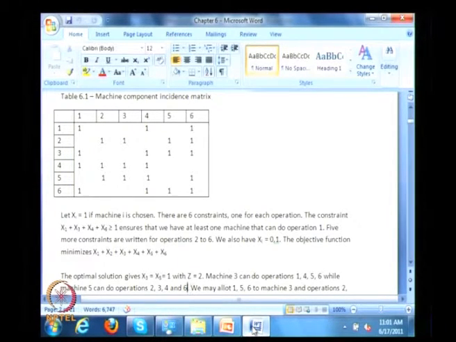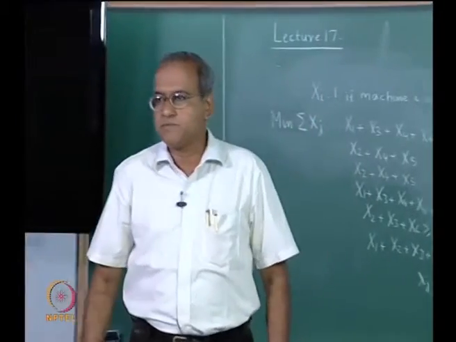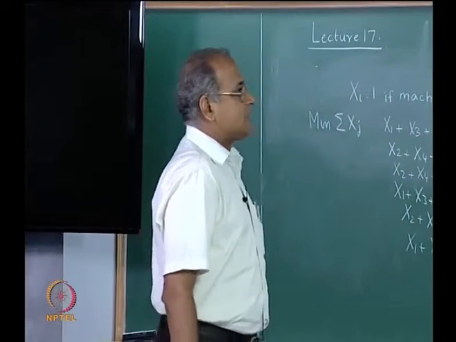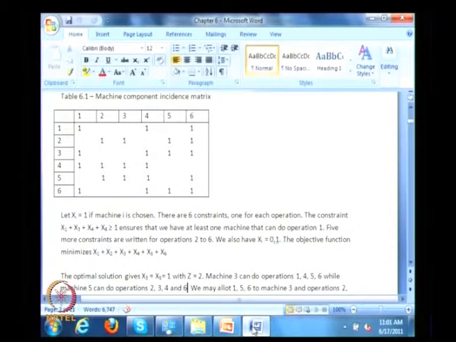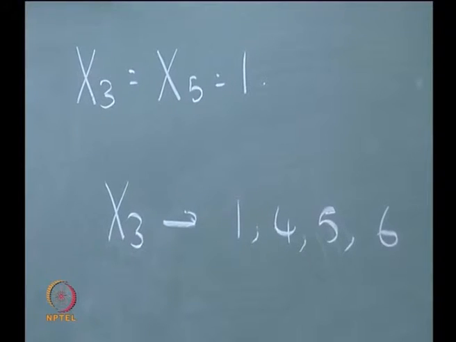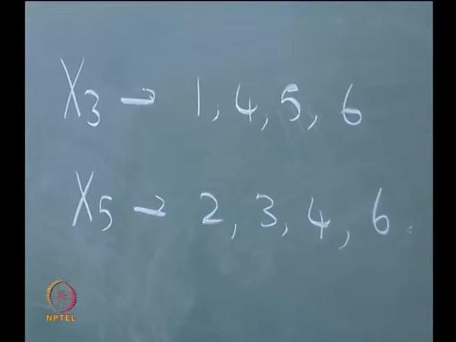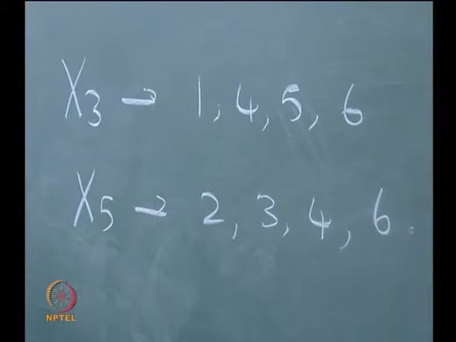So, for this solution, with 2 machines we will be able to do it. x3 can do operations 1, 4, 5 and 6. x5 can do 2, 3, 4 and 6.